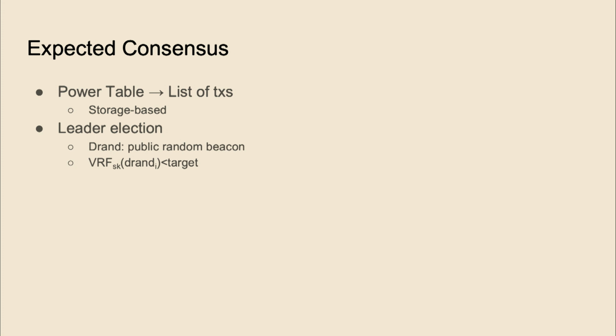If you are not familiar with VRF, you can just think of this leader election as a public lottery. This lottery uses a public random value obtained from the random beacon, and the elected leader is just like the winner of this lottery.